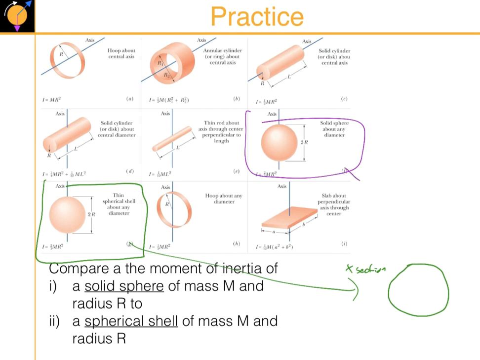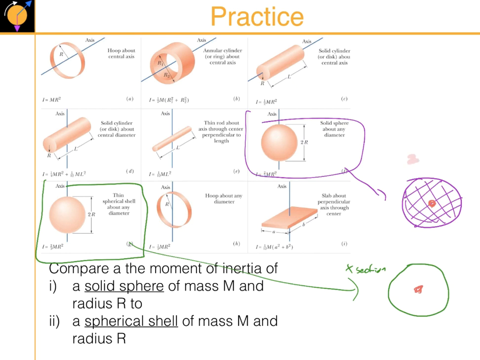But for the solid sphere, the mass is everywhere. If this is my axis here, then for the shell all the mass is a distance r away from the axis of rotation. Whereas for the solid sphere, some of the mass is really close to the axis, so it's really easy to spin, and it gets slightly harder as it's further out. Some of the mass is closer in, some is further out. So the solid sphere has a smaller moment of inertia because it's easier.